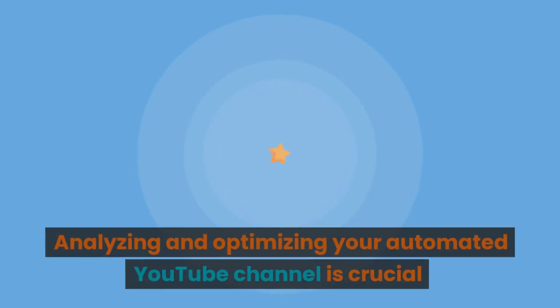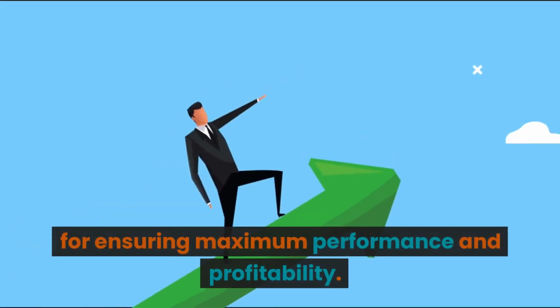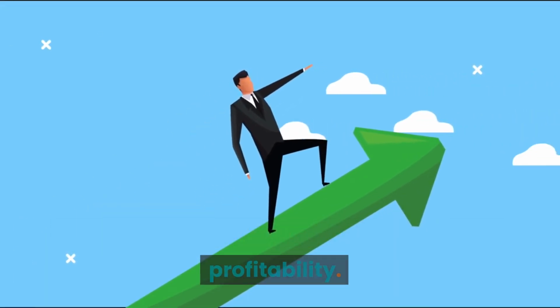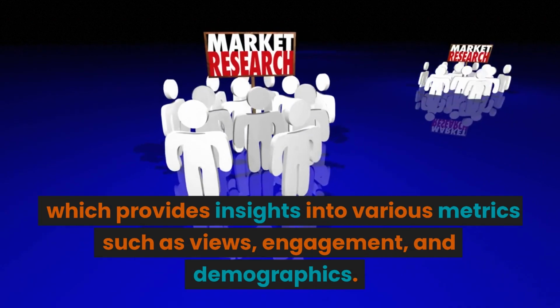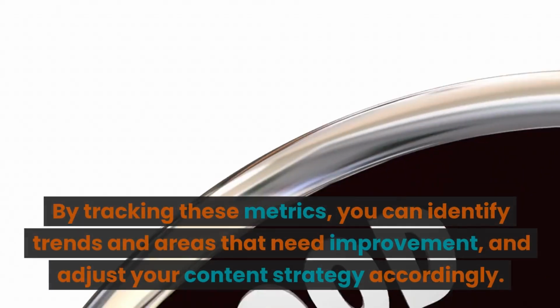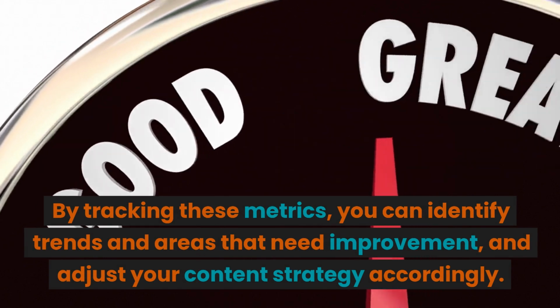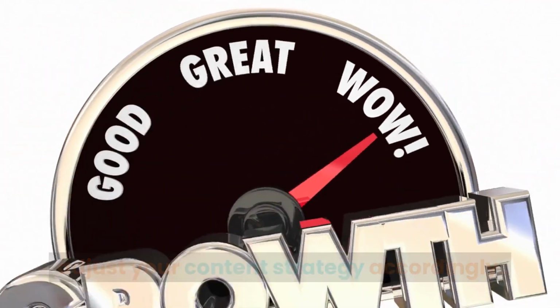Analyzing and optimizing your automated YouTube channel is crucial for ensuring maximum performance and profitability. One of the primary tools for this is YouTube Analytics, which provides insights into various metrics such as views, engagement, and demographics. By tracking these metrics, you can identify trends and areas that need improvement and adjust your content strategy accordingly.